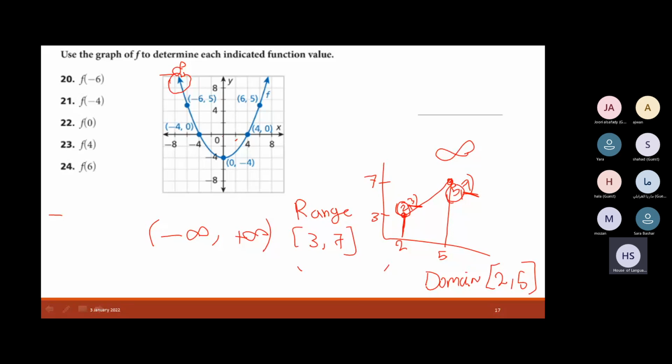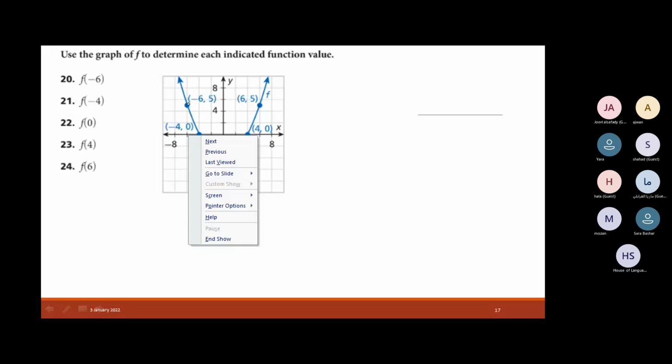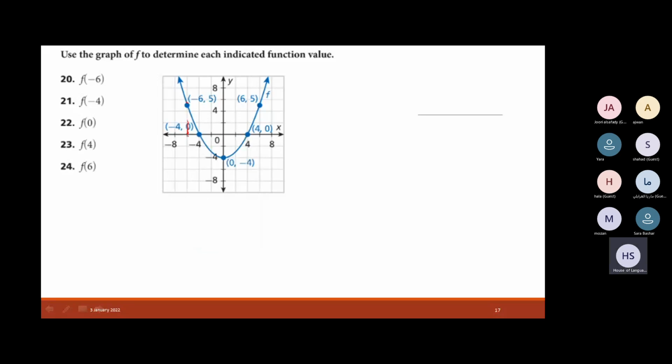Yes. Now let's go back to how you find the function at a certain point. Focus with me now. Negative 6. You will say, where is negative 6? Here. You will make a line to get the negative 6.